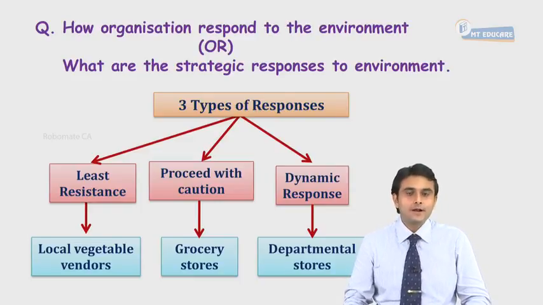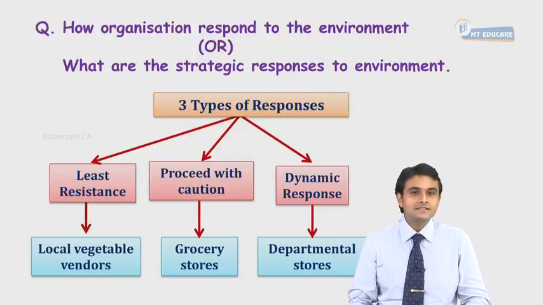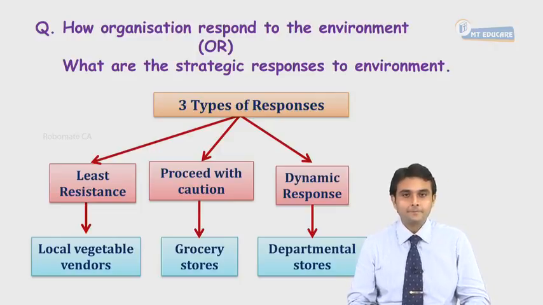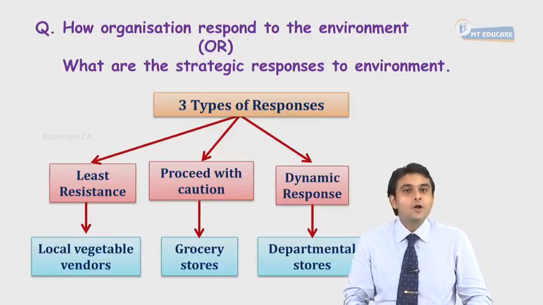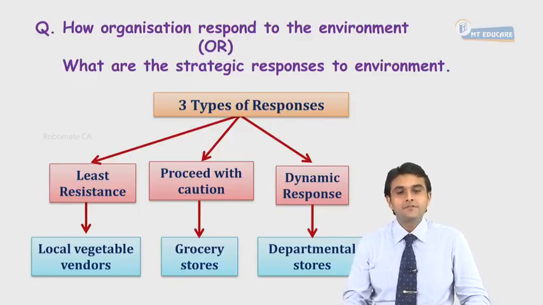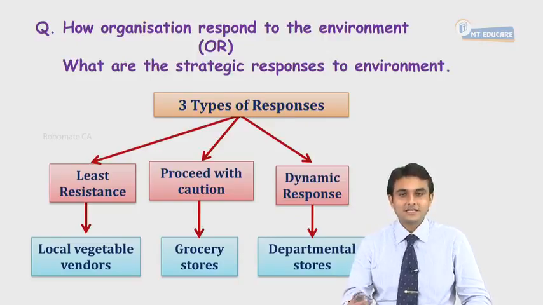It will definitely want to go ahead, but taking into consideration some factors, and it will take the necessary precautionary measures. And the third approach it can adopt is a dynamic response, whereby a business will go for growth. So these are the 3 approaches a business can adopt to tackle the prevailing status quo, which is the existing condition.